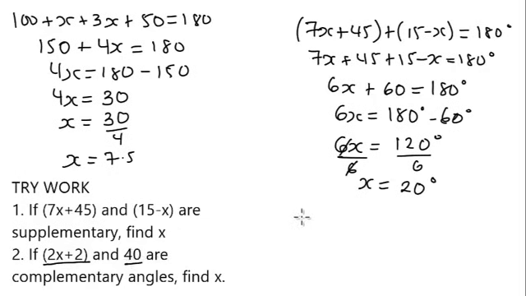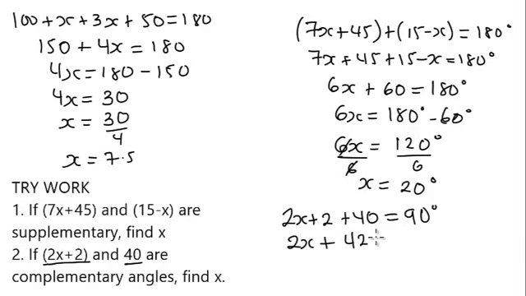And so by definition, we are going to have 2x plus 2 plus angle 40 is equal to 90 degrees. And so over here, we can simplify the left hand side to get 2x plus 2 plus 40 will give us 42, and this will be equal to 90 degrees. And now from here, we are going to have 2x equal to 90 minus 42.